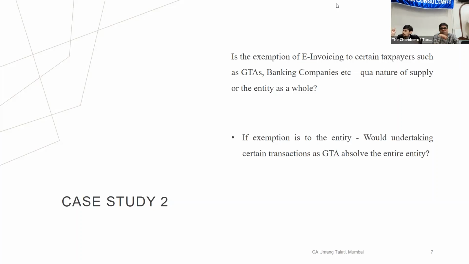Can the intention be such? Say I am taking the example of V-Trans. V-Trans is doing everything, all logistics services. Now, just because one large portion of my business is GTA, can you say that I am absolved from e-invoicing as a whole?